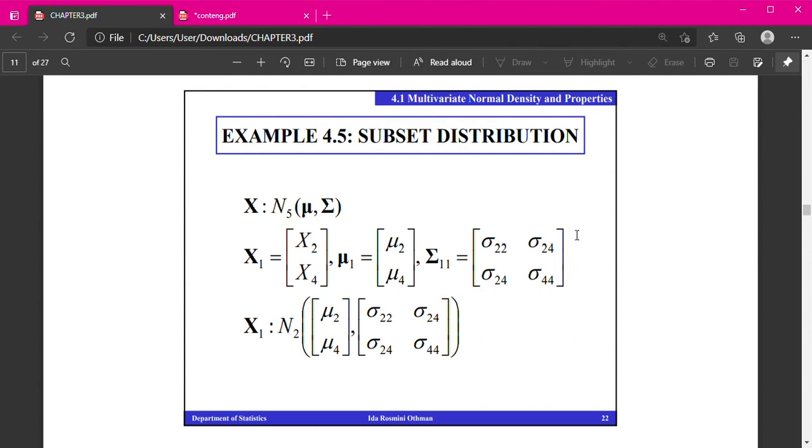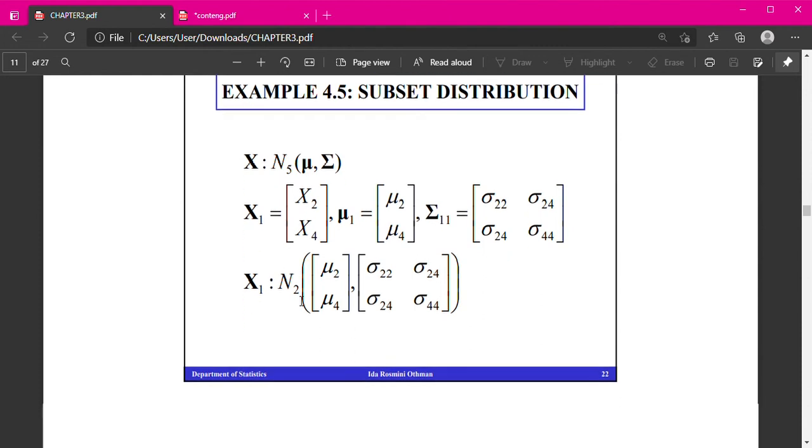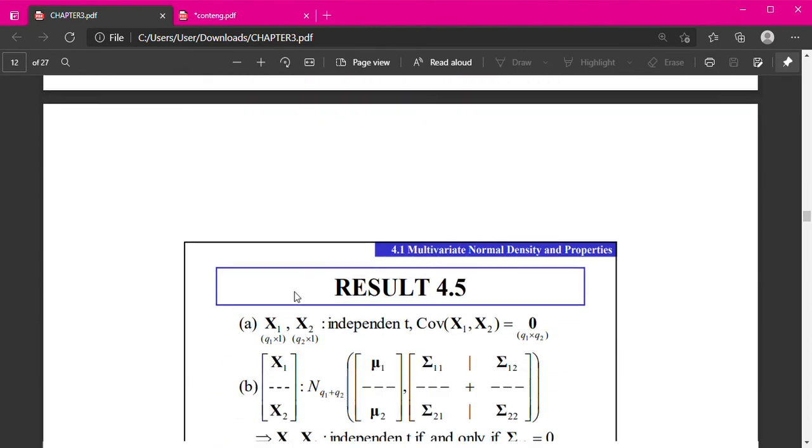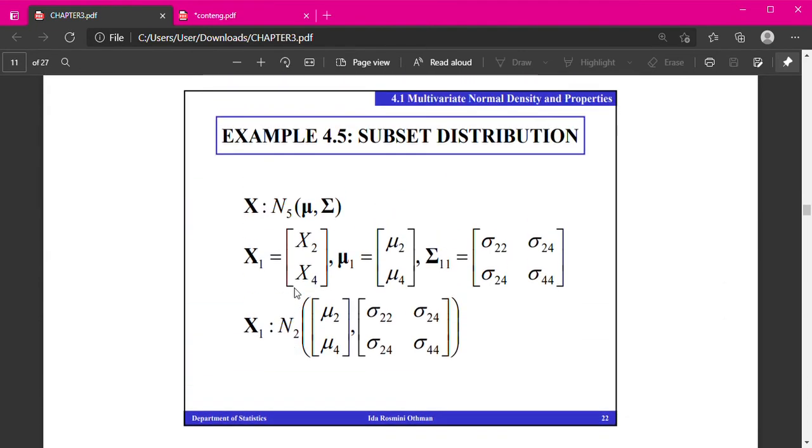Okay, kalau tengok example 4.5 in your textbook, page 159 actually. Example 4.5 dekat situ lagi detail lah. Sebenarnya we have 5 variable dan kita separatekan kepada 2. X2, X4 dan satu lagi adalah X1, X3 and X5.